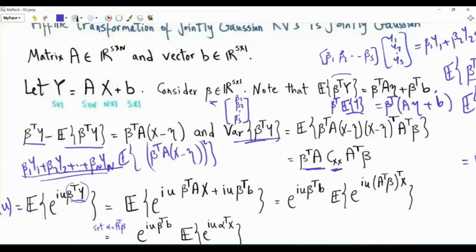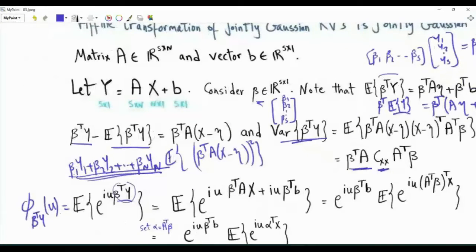So this is the game plan. Form a linear combination of the components of y and find the characteristic function. Then check whether the characteristic function you obtain is some general characteristic function or it is specifically the known characteristic function of a Gaussian random variable.